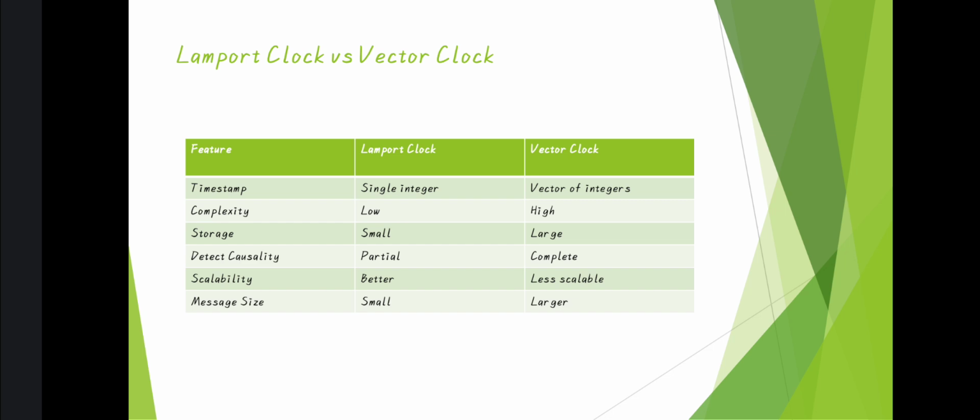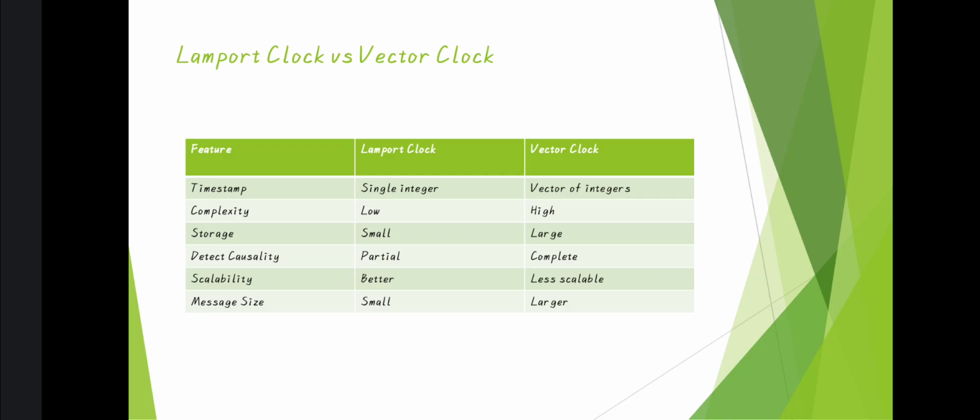Difference between Lamport clock and vector clock. Feature: timestamp. Lamport clock is a single integer, while vector clock is a vector of integers. Complexity: Lamport clock low, vector clock high. Storage: Lamport clock small, vector clock large.